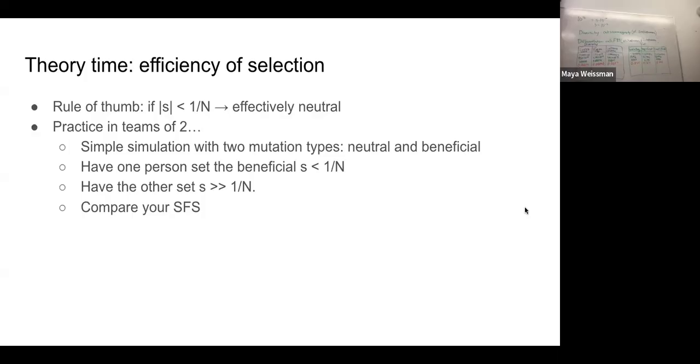What part of the theory? Okay, S is the selection. As a reminder, S is our selection coefficient that tells us how different the fitness is from the wild type.